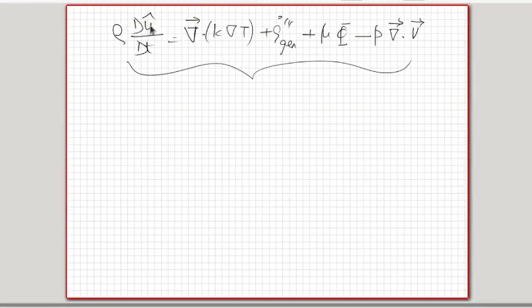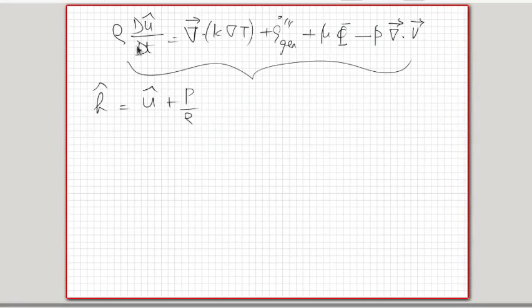Now it is always more convenient to write it in terms of Cp rather than Cv. So we use this relationship. H is equal to U plus PV, which is P by rho. Okay.